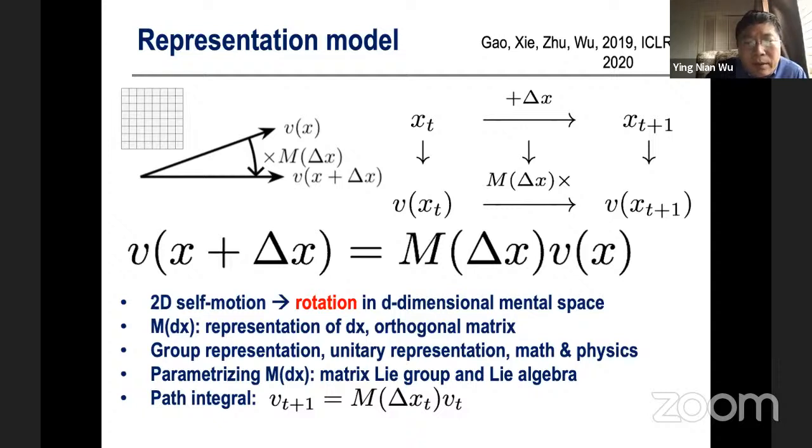So this is a very important part of modern mathematics and physics. And in fact, a large part of quantum physics is based on this matrix representation.